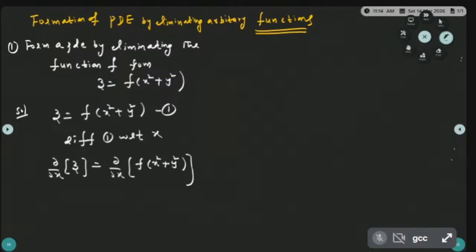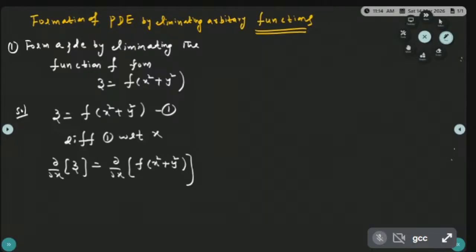Dou by dou x of z, dou z by dou x. May I know what is the differentiation of dou by dou x of f of x square plus y square? I will ask a simple question. May I know what is the answer for this?